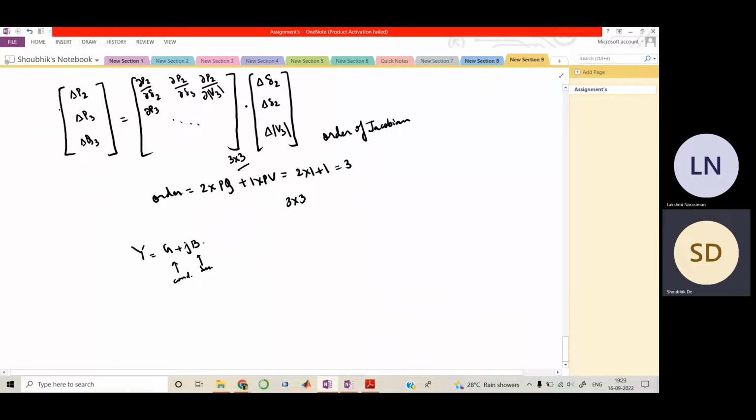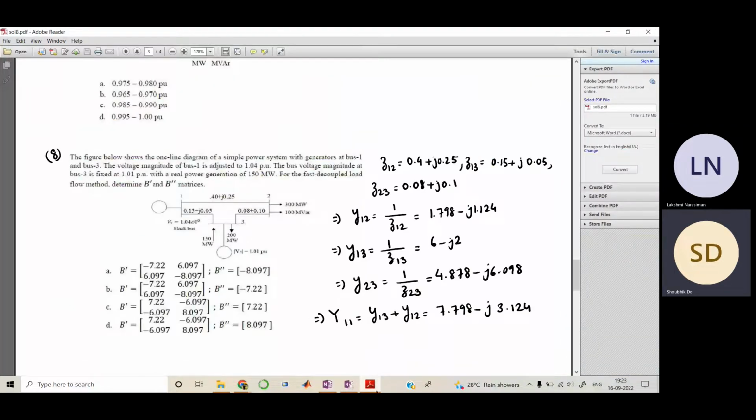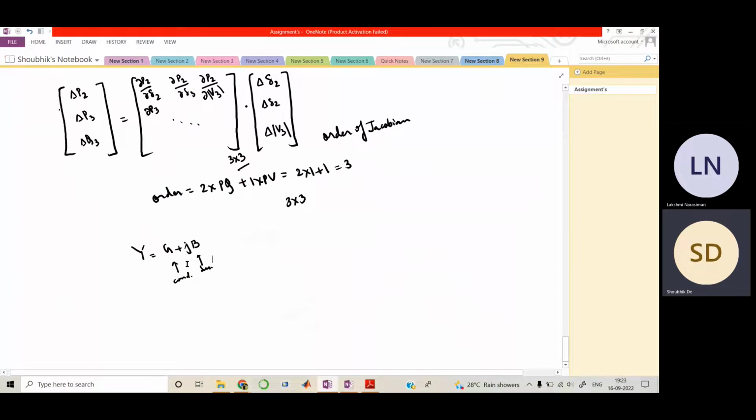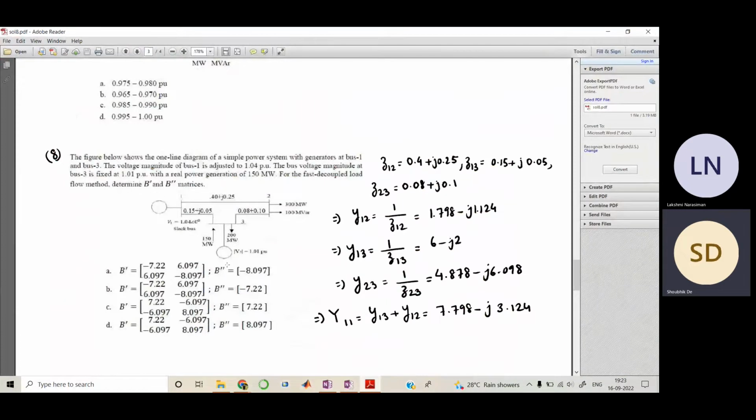If you see the derivation, we would only be analyzing the susceptance value. That is why they have told us to find B dash and B double dash. So we only have to take a look at the imaginary term of the admittance matrix. First we have to construct the admittance matrix of this whole thing.